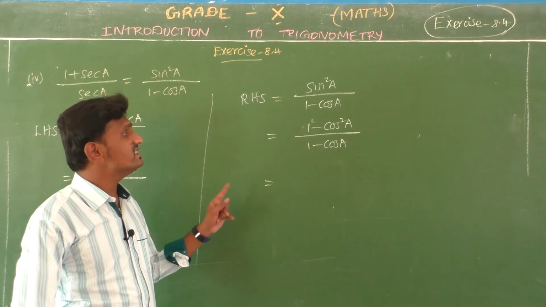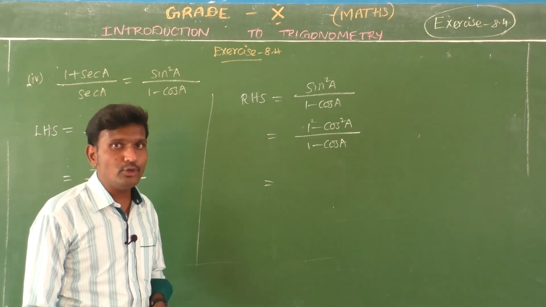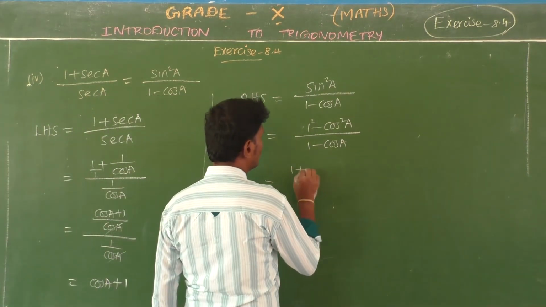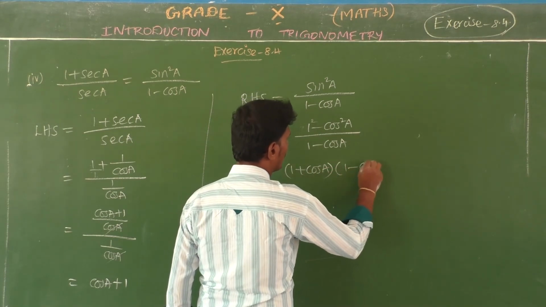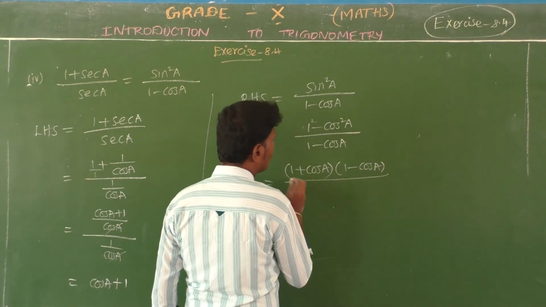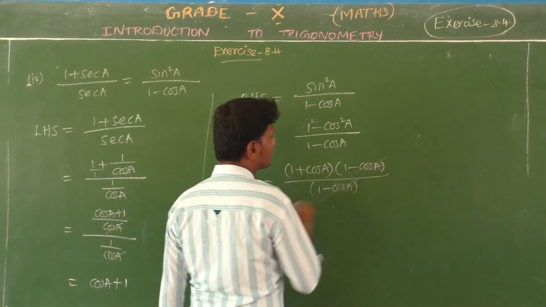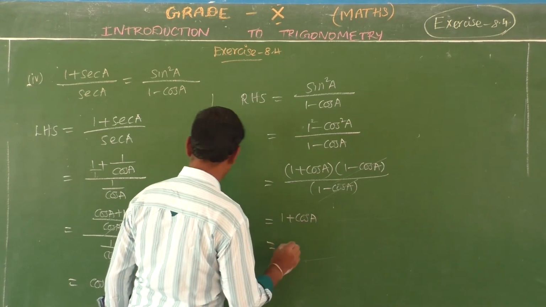Now it is in the format of A square minus B square, so I am going to expand it as A plus B into A minus B. So 1 plus cos A into 1 minus cos A, the whole divided by 1 minus cos A. So 1 minus cos A cancels. Now 1 plus cos A.